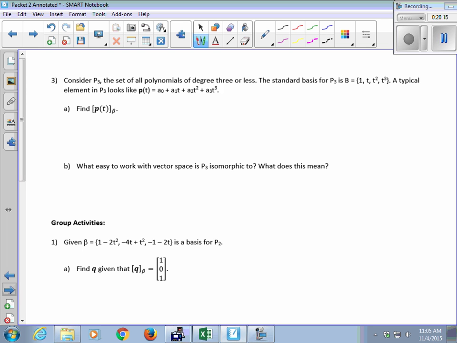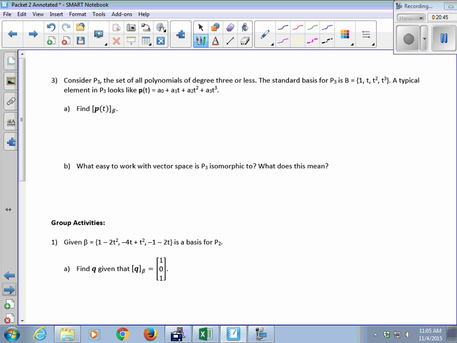So consider P3, which is the set of all polynomials of degree 3 or less. The standard basis for P3 is 1, t, t squared, and t cubed. To make any polynomial of degree 3 or less, you just throw weights on those 4 polynomials and you get some element of P3. So a typical element in P3 would have weights a0, a1, a2, and a3.